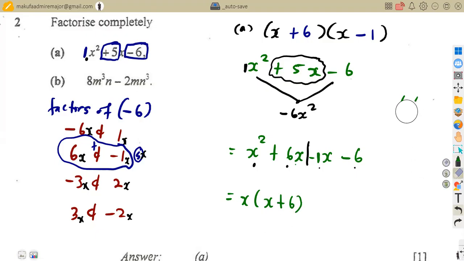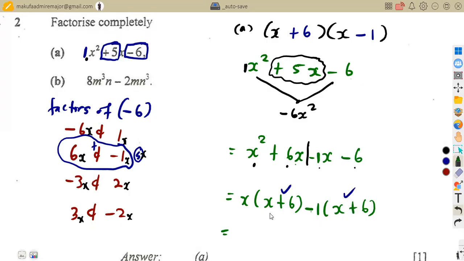Now you're going to ask yourself, which part are you going to factor out so that you obtain the same bracket as this one of x plus 6? You're going to factor out -1, so that negative and negative becomes a positive. Once we have the common bracket, you factor that bracket out.